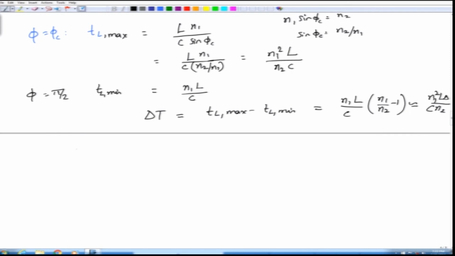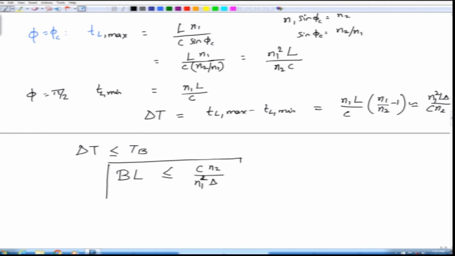Okay. To avoid this dispersion problem, the pulse broadening problem which limits your bit rate, this delta t has to be less than or equal to Tb, in order to avoid one pulse crossing over to the other pulse. So, you can substitute for Tb as 1 by B, multiply by L and rearrange the equation so that you get BL is less than or equal to C n2 by n1 square into delta.